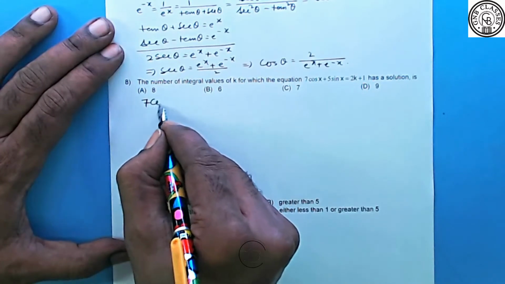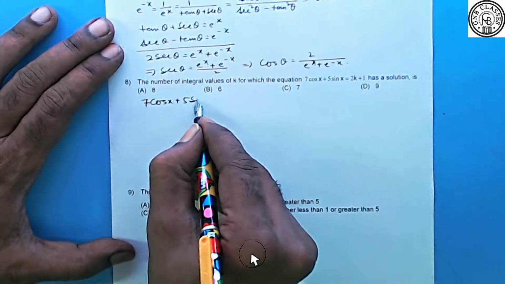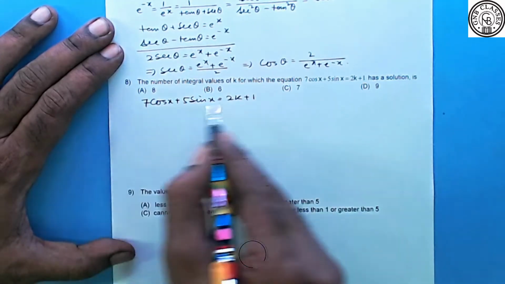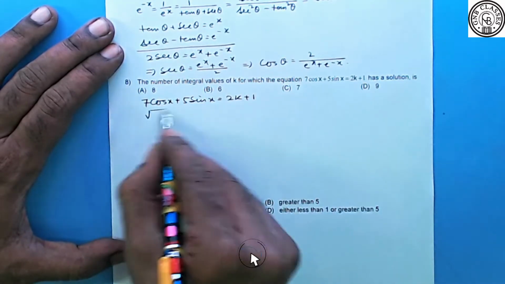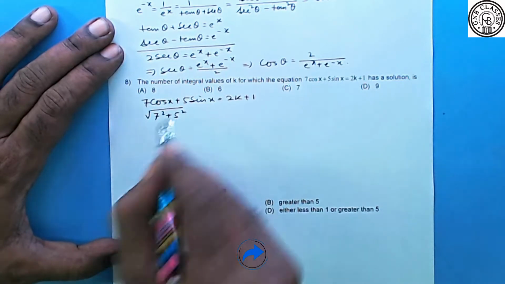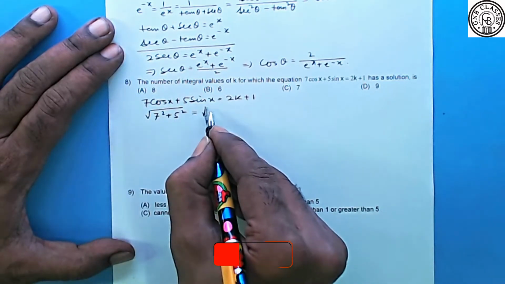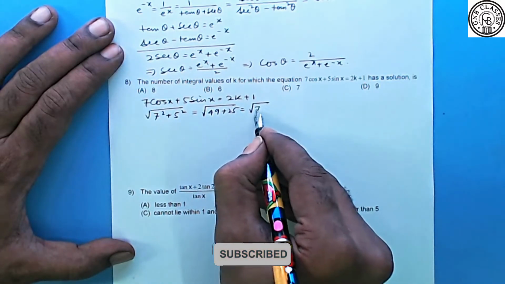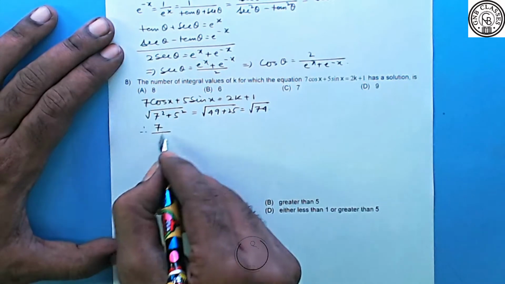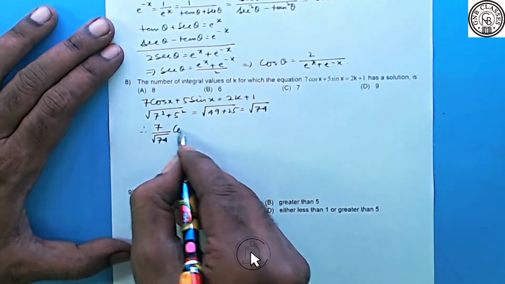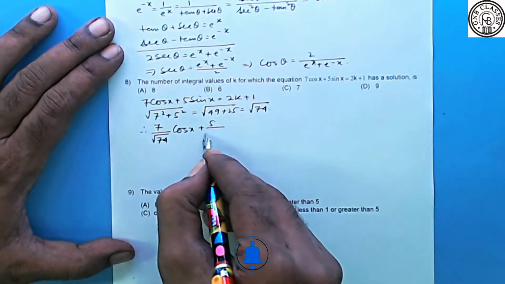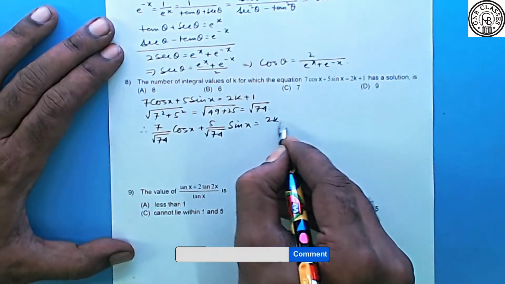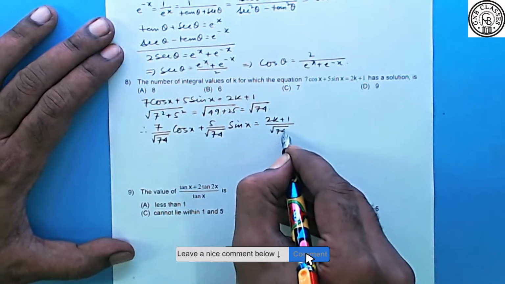We have been given 7 cos x plus 5 sin x is 2k plus 1. So dividing both sides by under root 7 square plus 5 square, which equals under root 74, we get 7 by root 74 cos x plus 5 by root 74 sin x is 2k plus 1 by root 74.